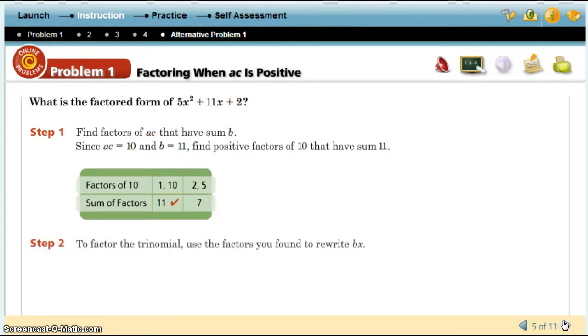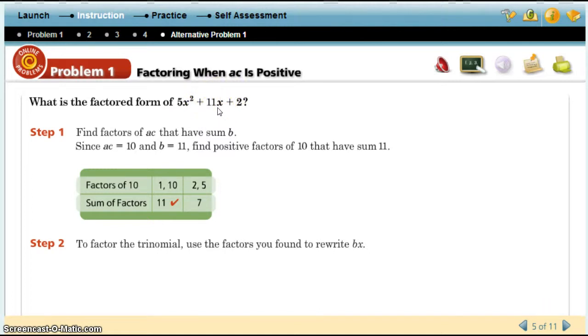Step 2. To factor the trinomial, use the factors you found to rewrite b times x. So basically what we're going to do is take this trinomial and leave the a part, the ax squared, and the c alone. We're just going to break the bx apart.